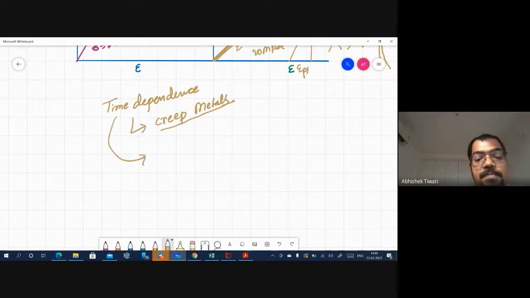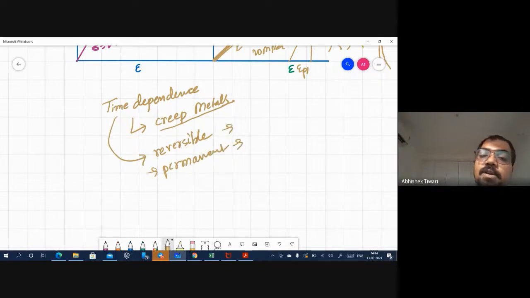You can have a recoverable or reversible time dependent deformation in polymers, as well as permanent time dependent deformation.